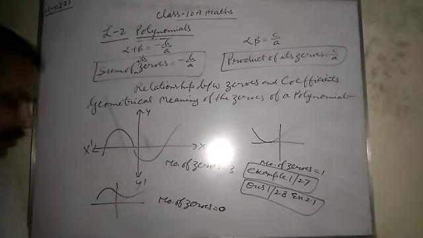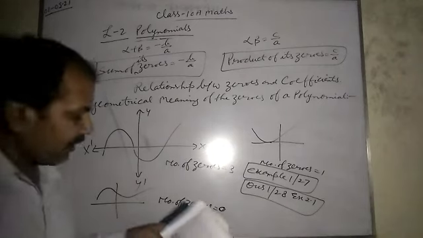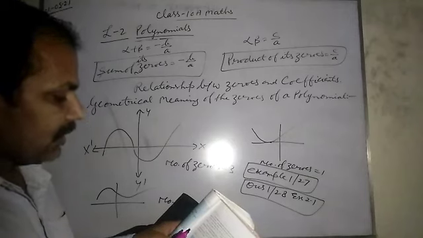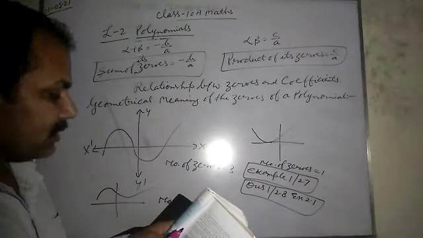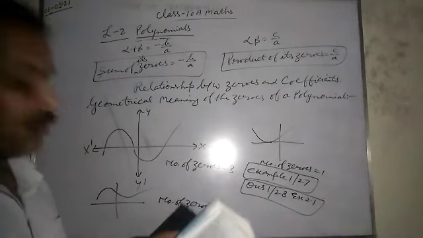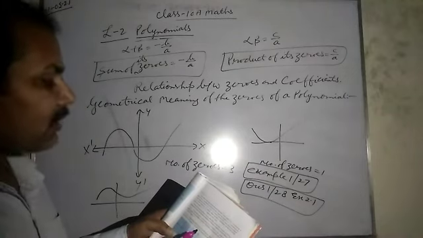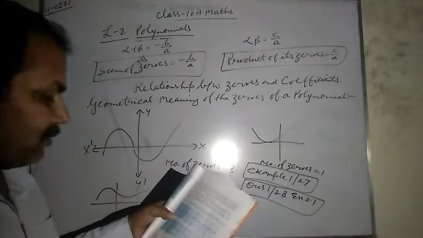In the example, you see in the first part the curve is intersecting the x axis at 1 point, so the number of zeros is 1. In the second, it intersects at 2 points, so the number of zeros is 2.